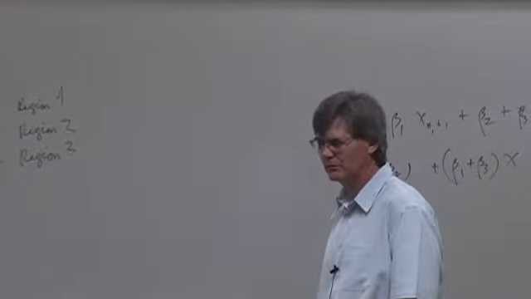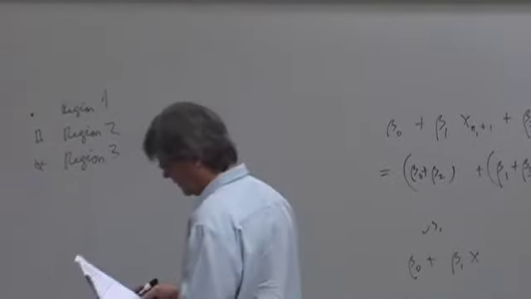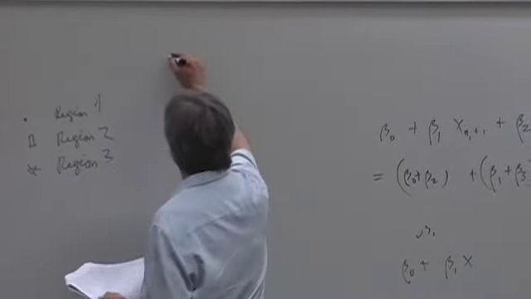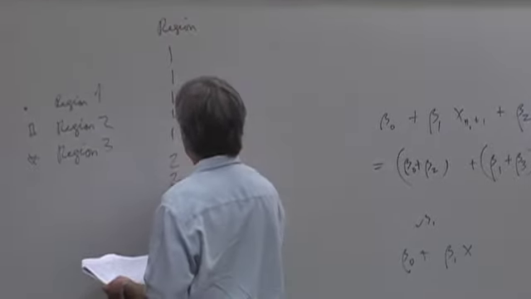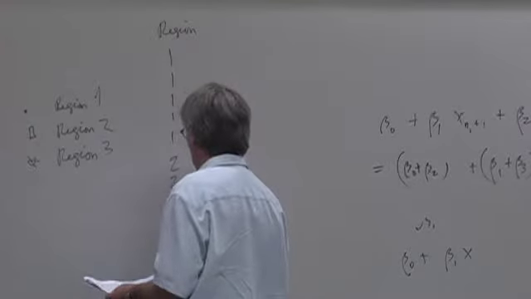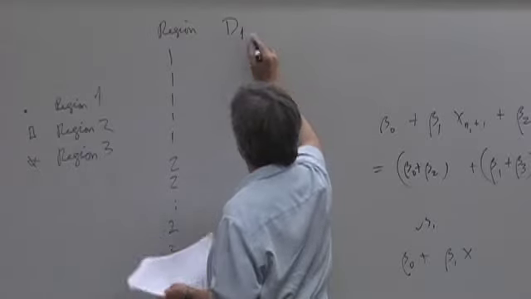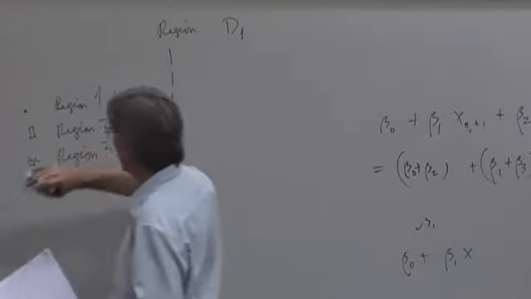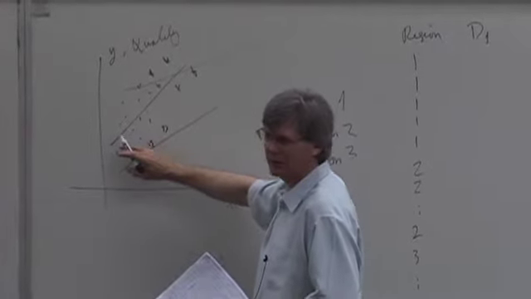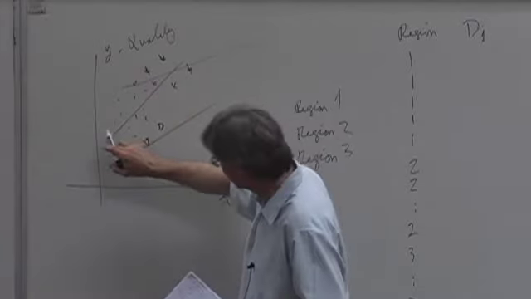So how do we set that up? What's the X matrix? I've got it shown on page 4 of these notes. I'm going to introduce 2 indicator variables. I'm going to put the region here, and then the indicator variable D1. For the first line, the beta 0 and the beta 1 are the intercept and the slope, the parameters of that line.